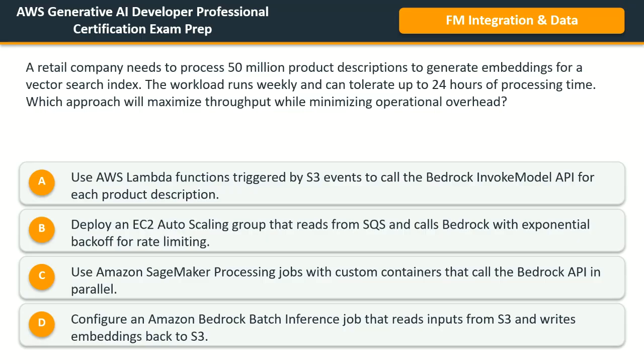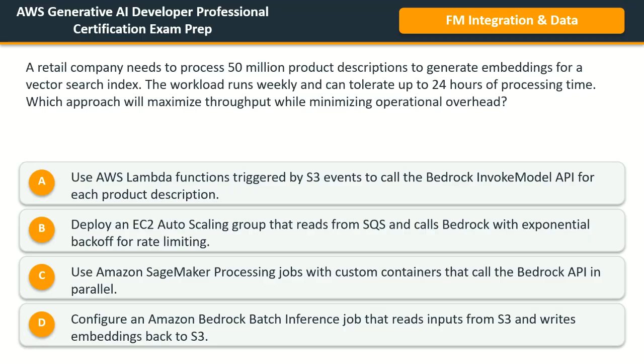C, use Amazon SageMaker processing jobs with custom containers that call the Bedrock API in parallel. D, configure an Amazon Bedrock batch inference job that reads input from S3 and writes embeddings back to S3. Correct answer is D.